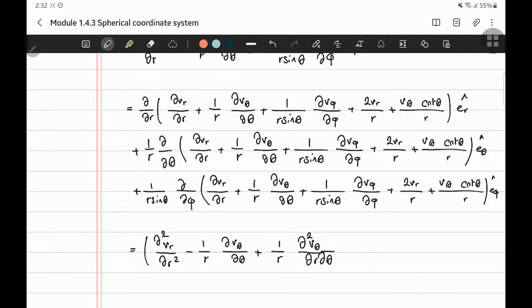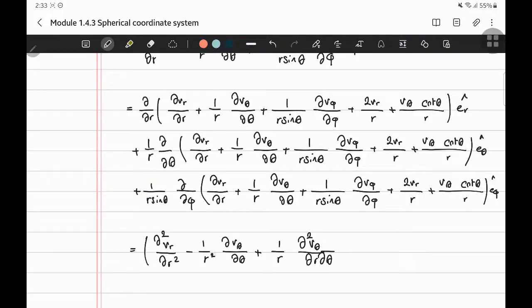We differentiate this first term with respect to r, then we have 1 divided by r, so it becomes minus 1 divided by r squared.